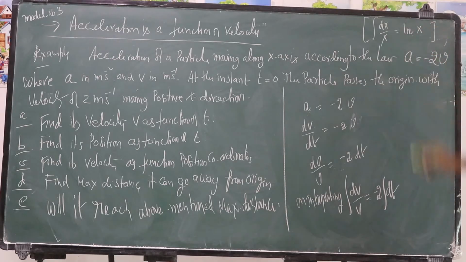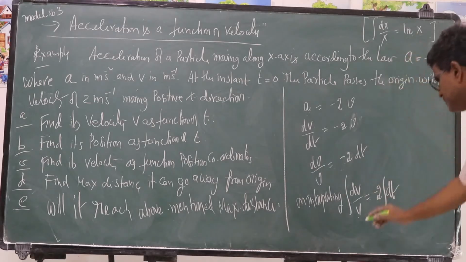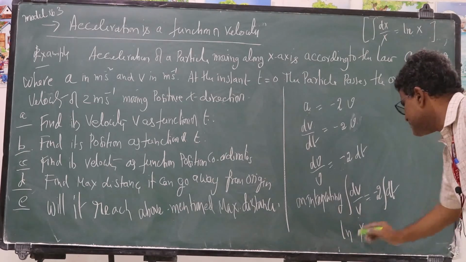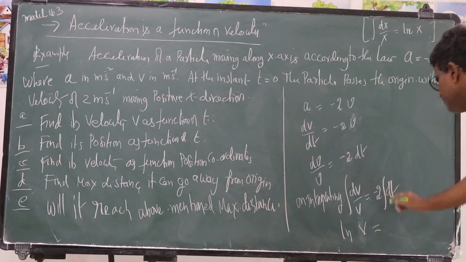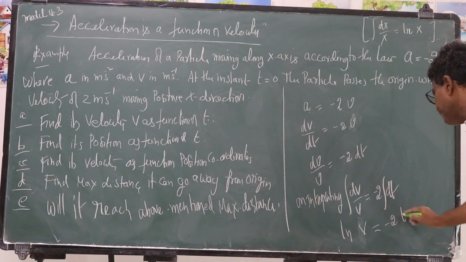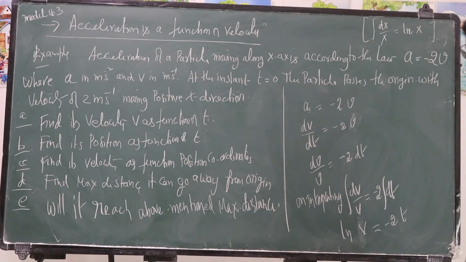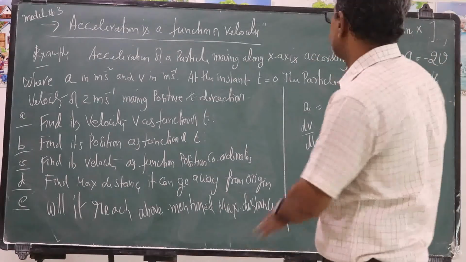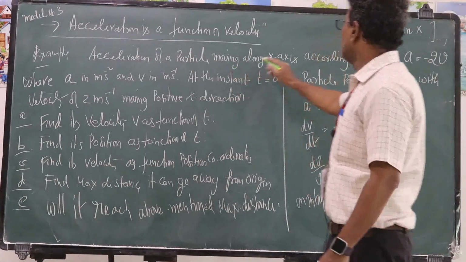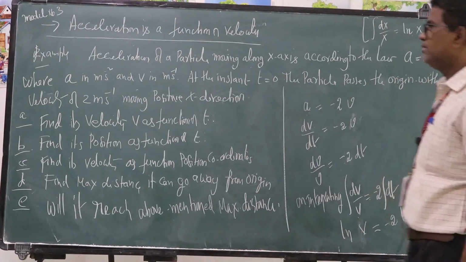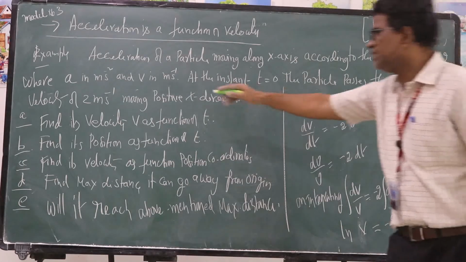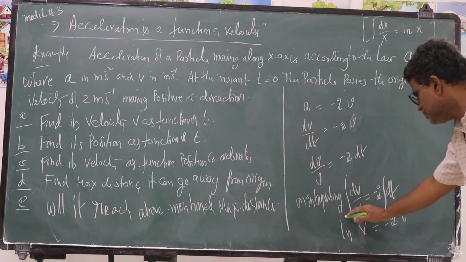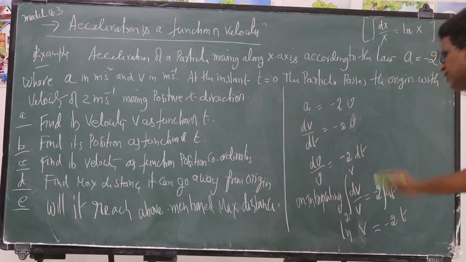So ln v is equal to minus 2 integral dt, which is t. You have to substitute the limits. At the instant t is equal to 0, the particle passes the origin with velocity 2, so the limits are 2 to v.